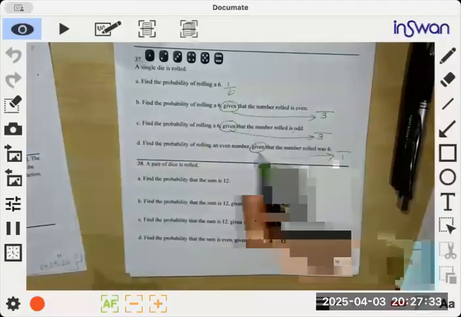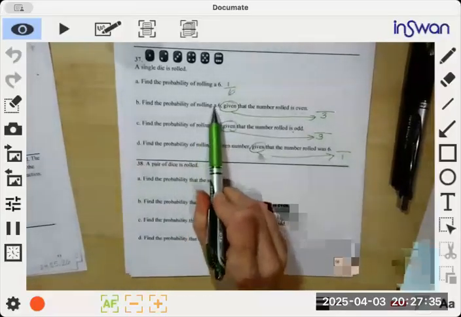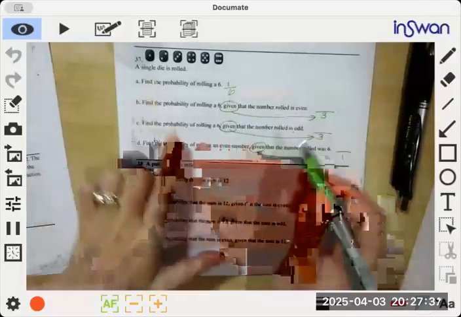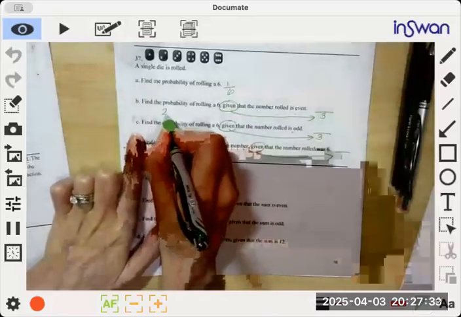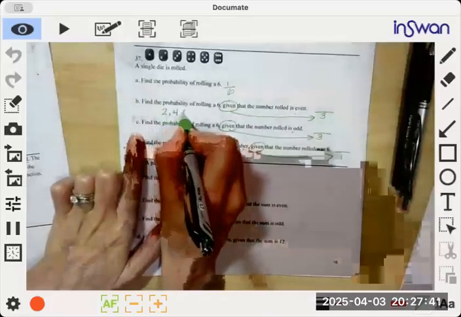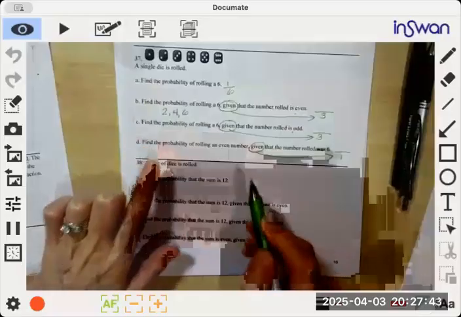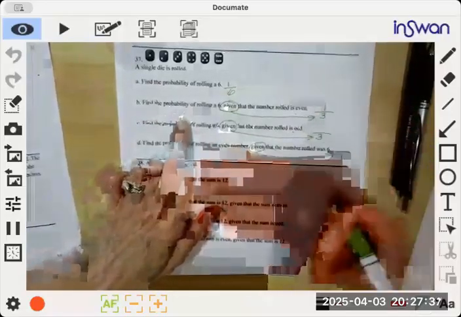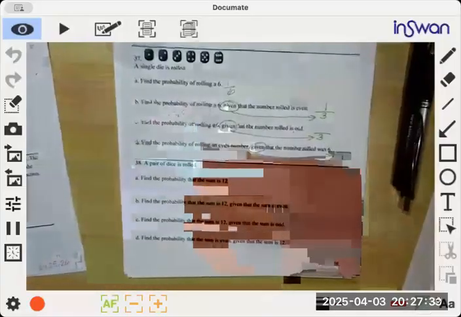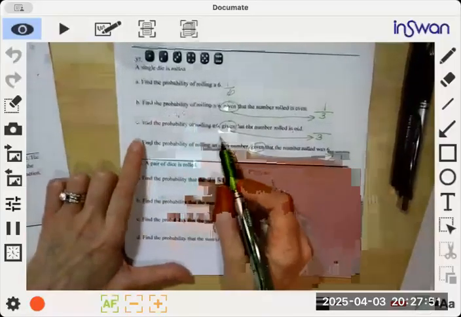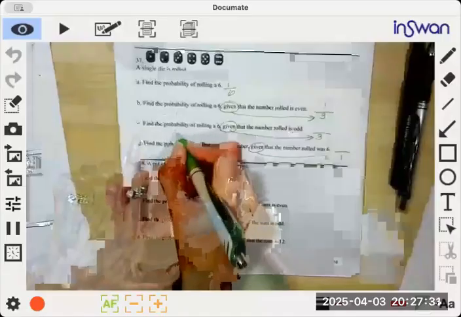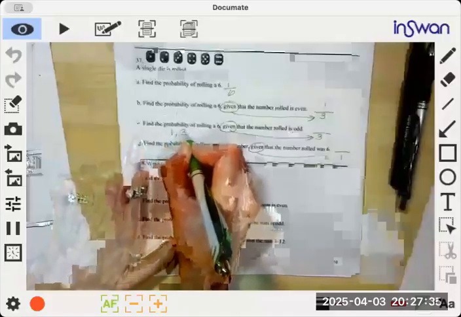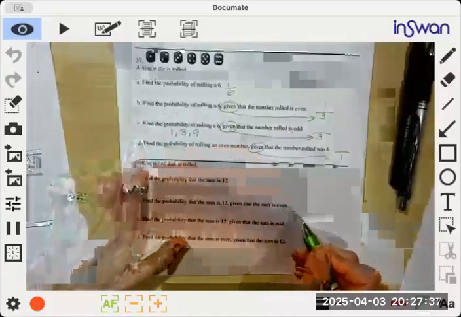Okay. All right, so now here, given that the number rolled is even, so that would be the 2, the 4, and the 6. How many of those are 6? It's just 1 of the 3. Given that the number rolled is odd, so that would be 1, 3, and 5.